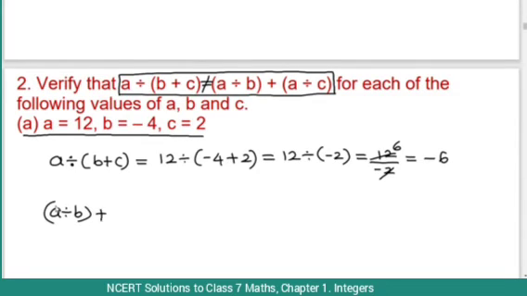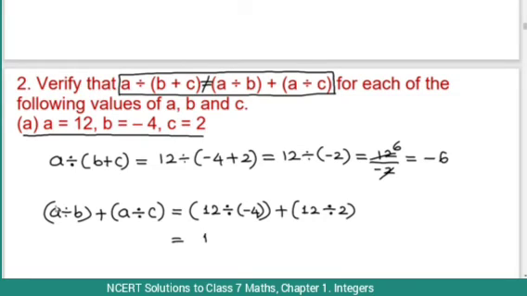Then I will take the RHS value, A divided by B plus A divided by C, which is equal to 12 divided by -4 plus 12 divided by 2. 4 threes are 12, 2 sixes are 12.